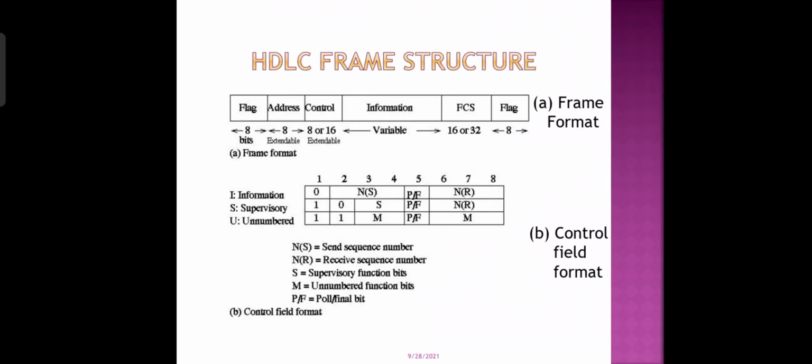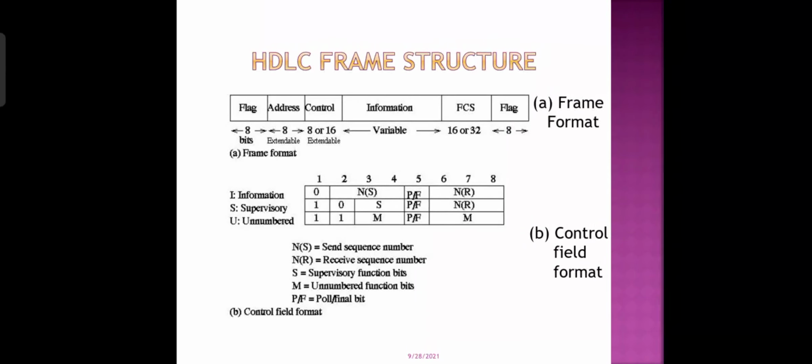This is the general HDLC frame structure. It consists of flag, address, control, information, FCS and flag. Header and footer flags are used to denote the incoming and outgoing of the data.